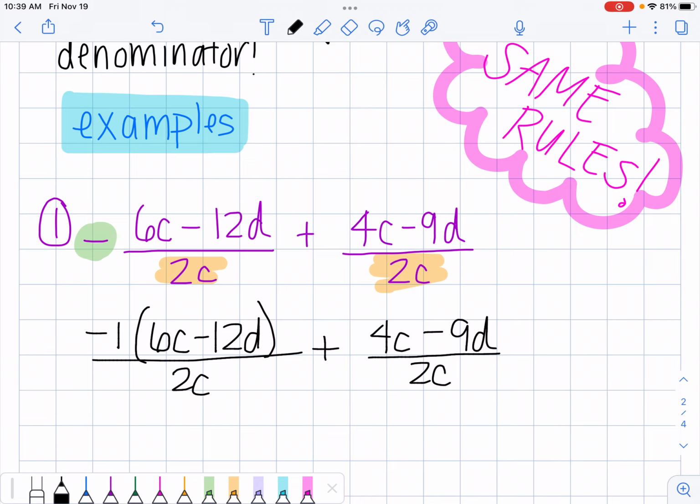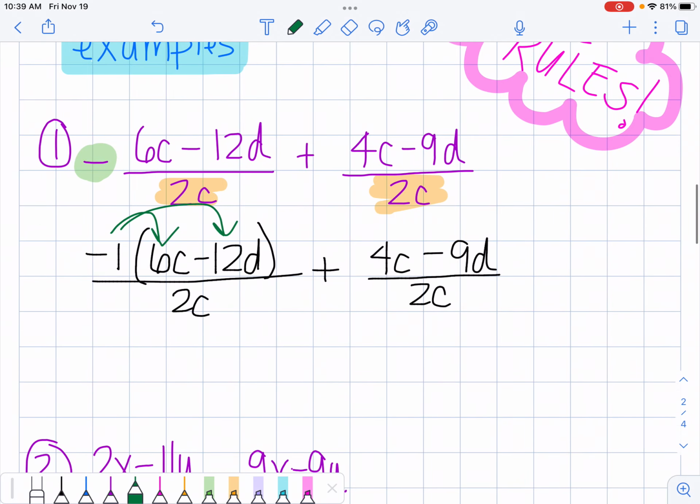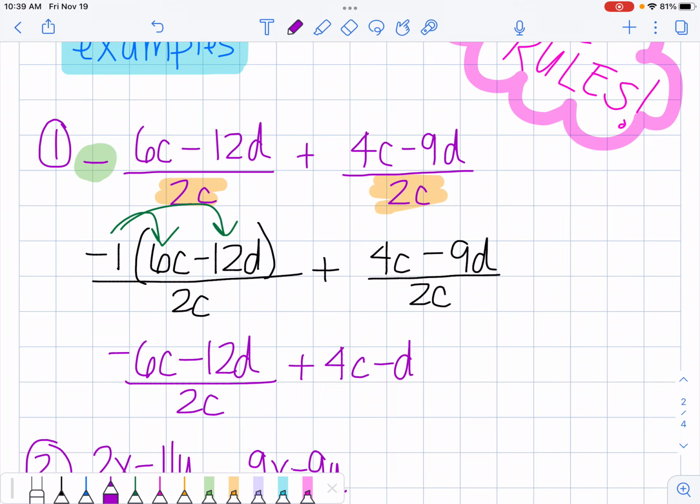Because what happens is this -1, I have to distribute. It changes the sign of everything here. So this becomes -6c plus 12d, all over 2c, plus 4c minus 9d, all over 2c.